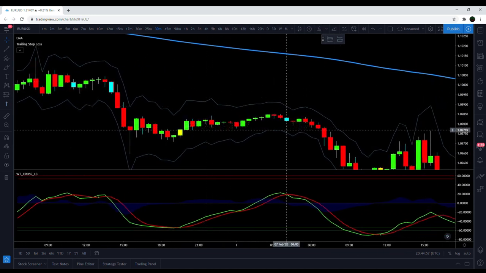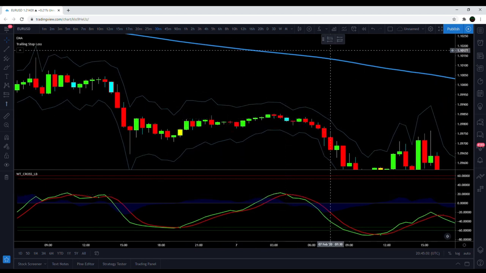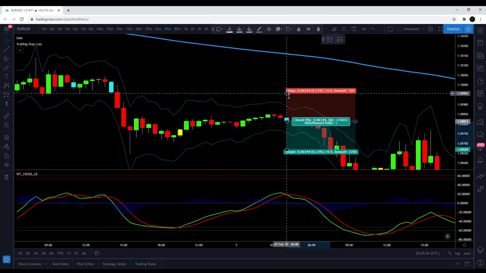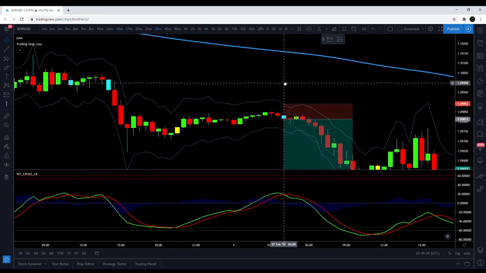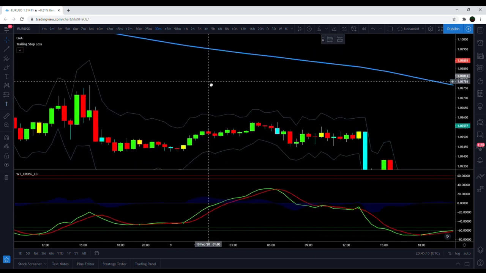We have another cross down that's above the zero line happening right here on this candle, so that's another short signal. And once again, stop loss to that stop loss indicator, and you're good to go. So super simple strategy.